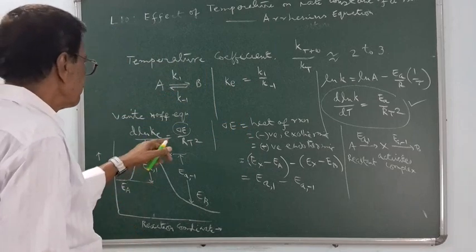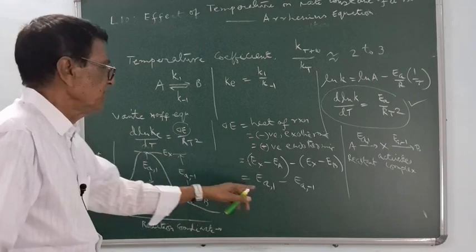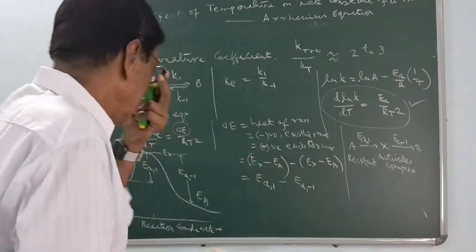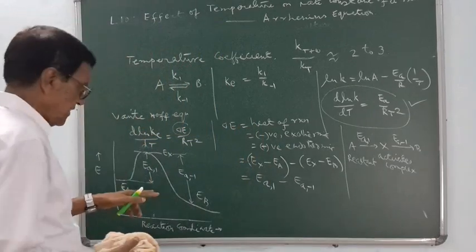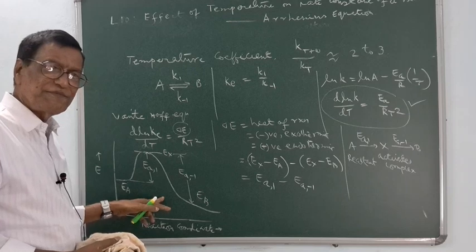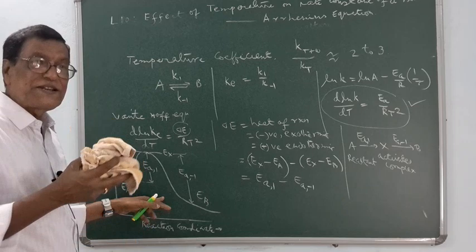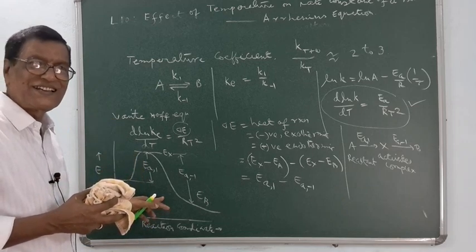So instead of writing this delta E, we can write this in terms of the activation energy. So this is a very important graph to show you the concept of activation energy.